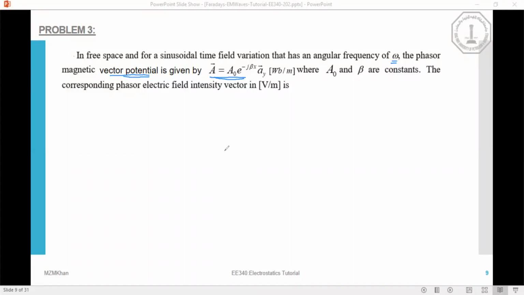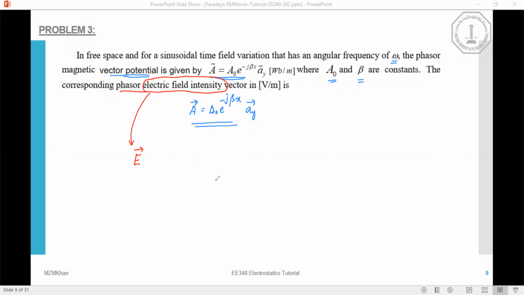A bar is A naught e power minus j beta x, because it is now time varying. Why? Because my magnetic field is time varying, therefore my magnetic vector potential is also time varying. A0 and beta are some constants. Now, what is asked? We need to find the corresponding phasor electric field intensity vector, that means we need to find E bar.